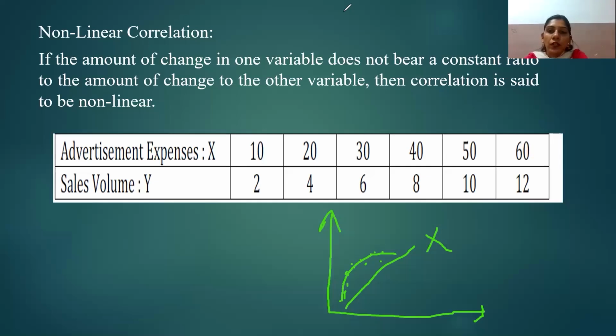So this type of variable is said to be non-linear correlation, when the amount of change in one variable does not bear a constant ratio to the change in the other variable. That is non-linear correlation among the variables.